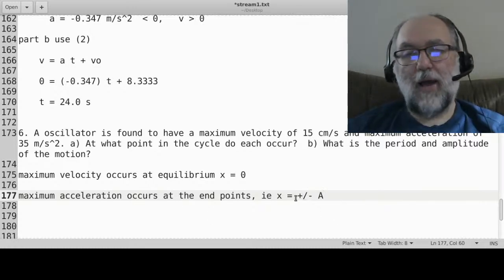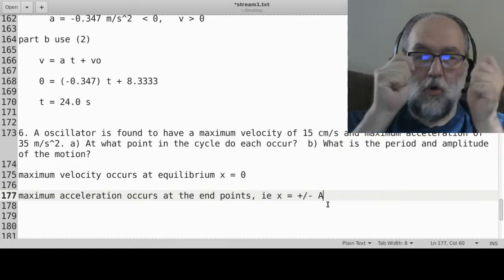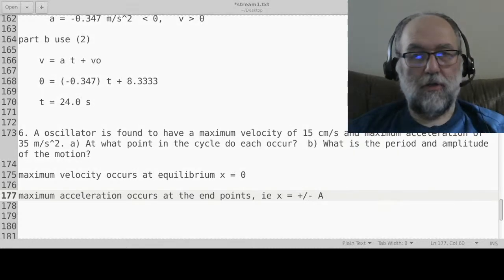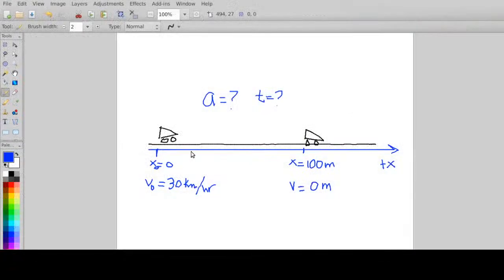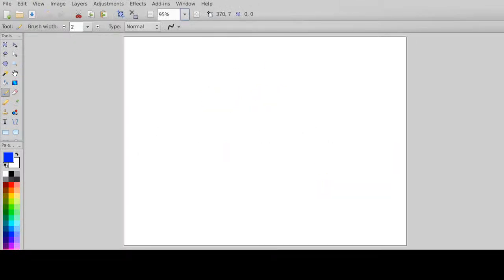Now why do I say positive or negative A? Because the whole oscillator is symmetrical. It might be worth drawing a quick picture here. Let me just draw the axis first. Been doing axes in blue, so let's do that. And this oscillator's oscillating back and forth like this.